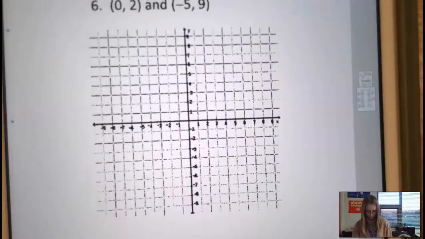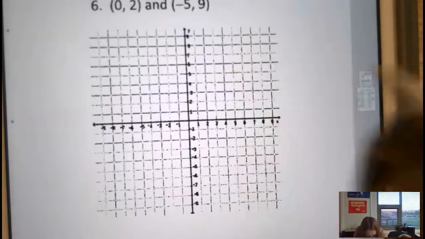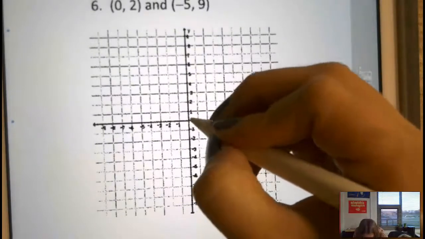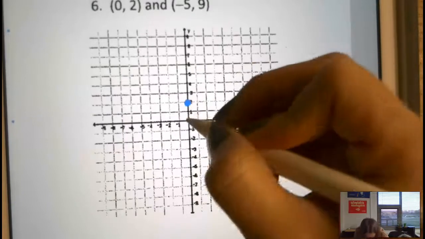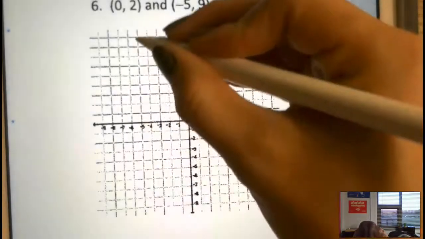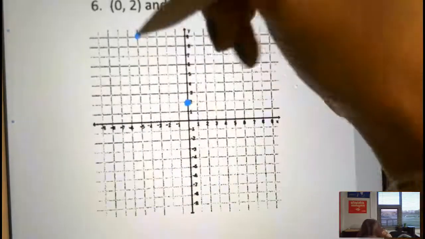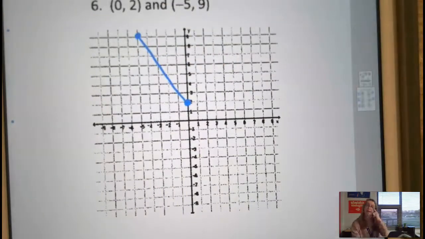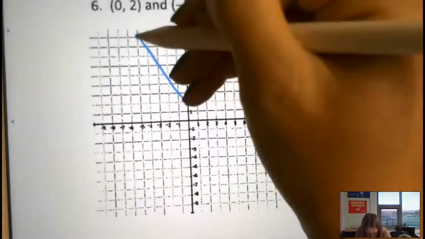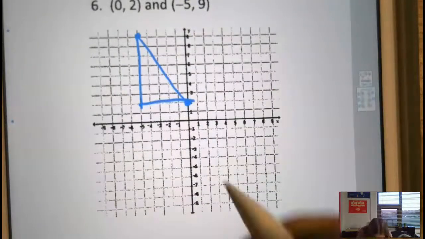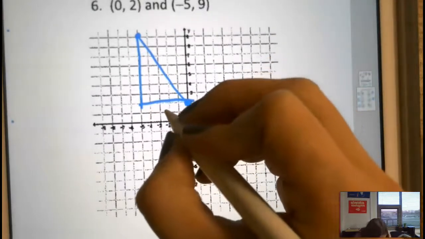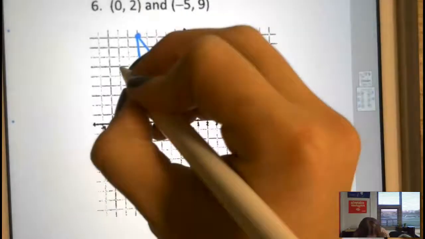And last one here. Alright, so we got 0, 2. And then we got -5, +9. That's there. I'm going to drop that diagonal, and then once again, it doesn't matter how you draw your legs. There we go. And we got to count those spots, and we got 5 by 7.